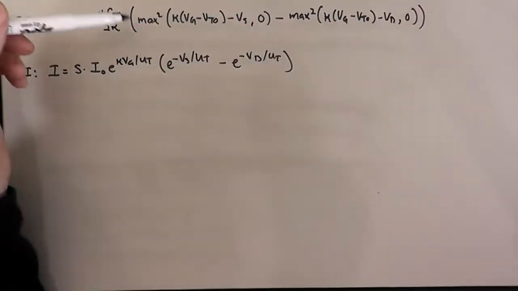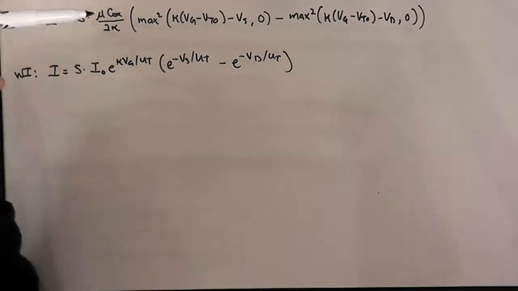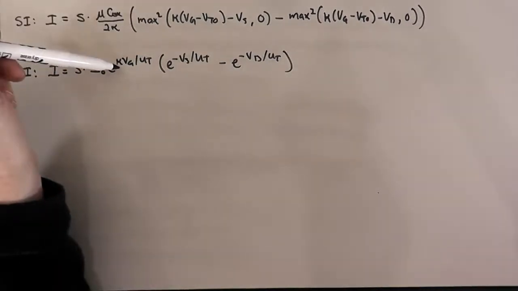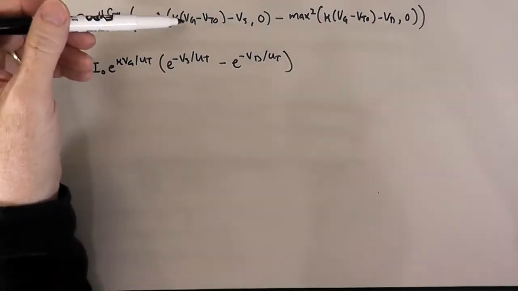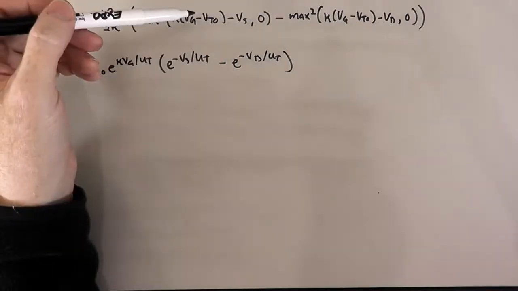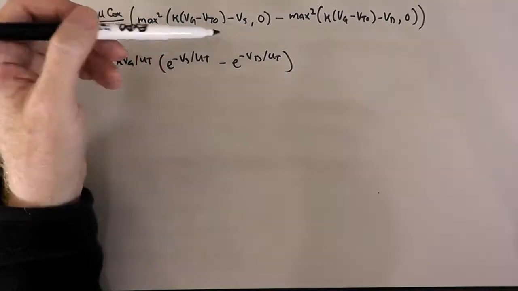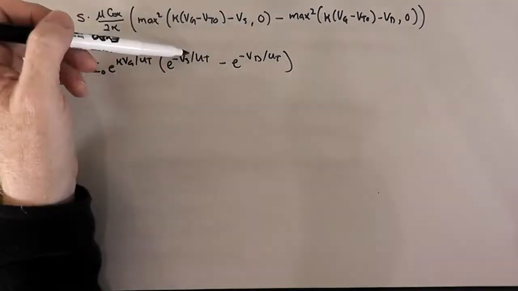Now, even just comparing these two forms, we start to see some similarities. For instance, they're both proportional to the strength ratio S, and we've got this kind of prefactor here, and then we've got that multiplied by the difference of two functions that are identical, except one has Vs in it and one has Vd in it. And they both even have a minus sign.